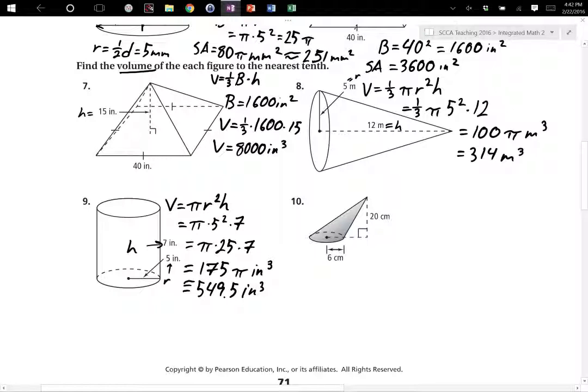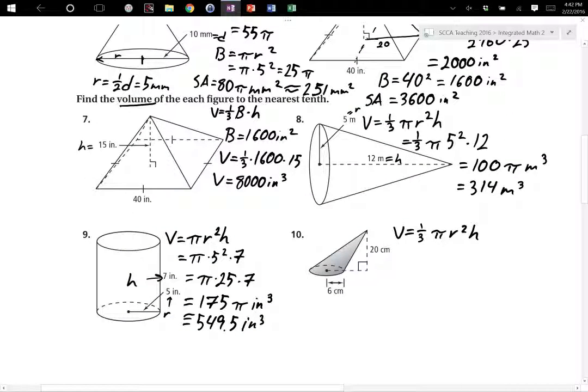Okay, next one. This one looks a lot harder than it is. Well, here is the formula. So let's look at this. 1/3 pi r squared h. It is the same formula for the cone above us. So these are the same formulas. But what is h? H is literally the height from bottom to top of the cone, even an oblique cone.